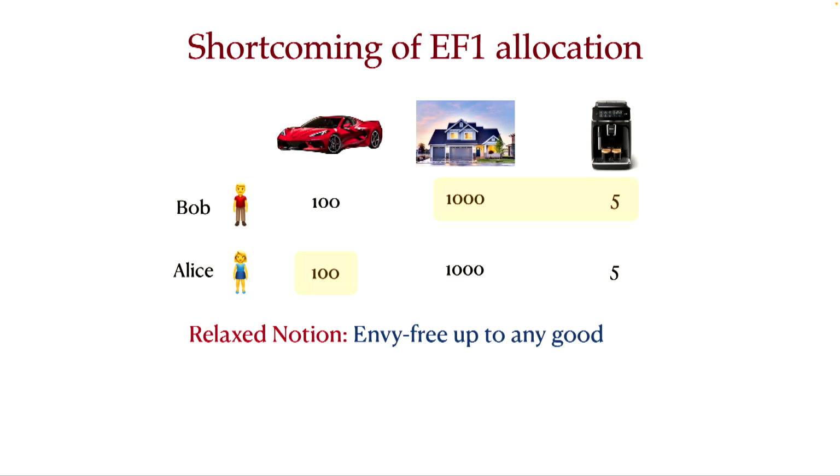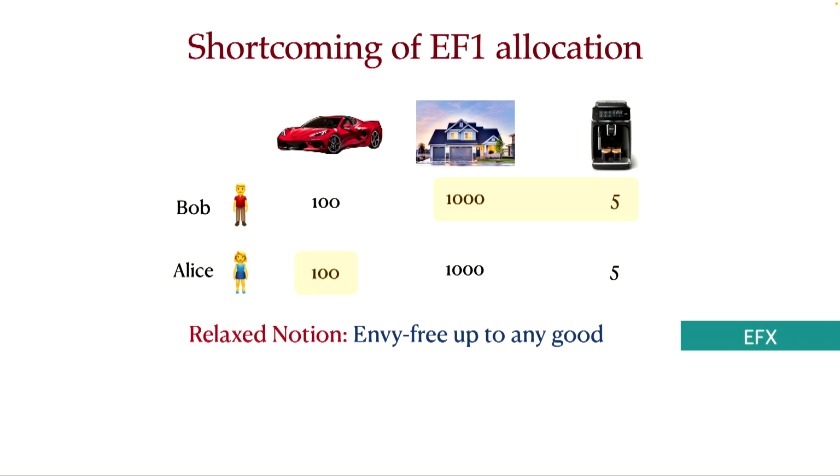Now this makes more sense to people, right. So, does this allocation satisfy this? Is there any other allocation that satisfies this? We give 5 to this girl, Alice. Correct.